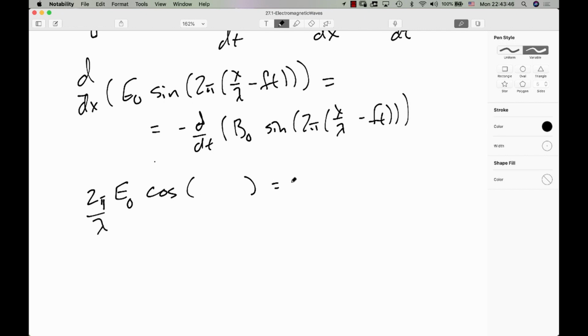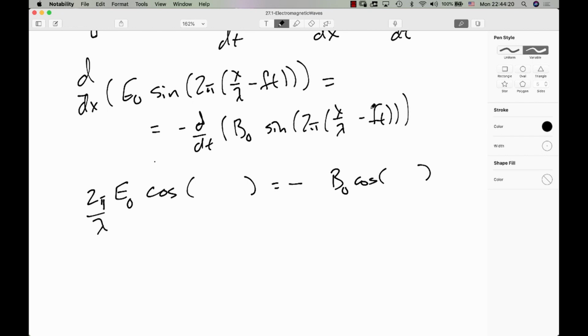That'll equal minus, again, we'll have a B naught, cosine of stuff, and then I have to take the derivative of what's inside.